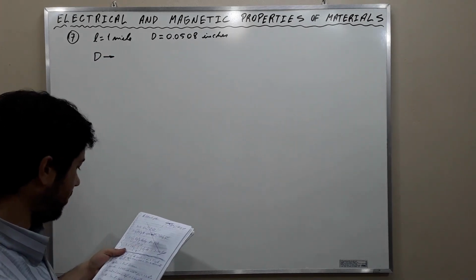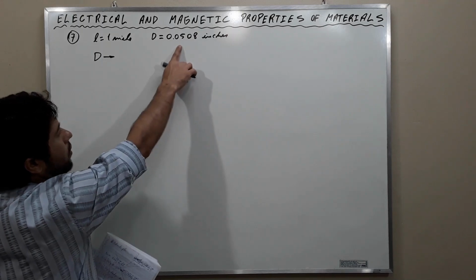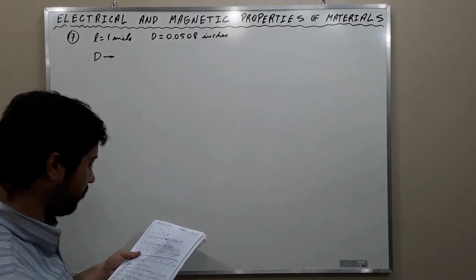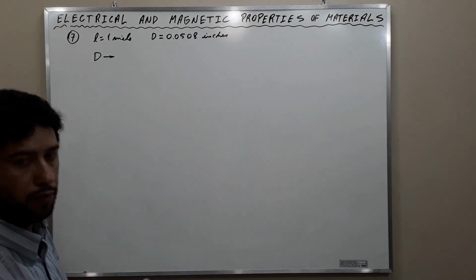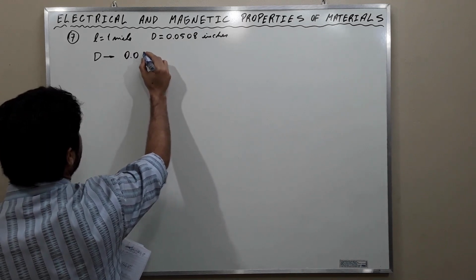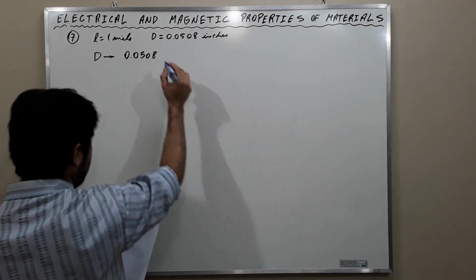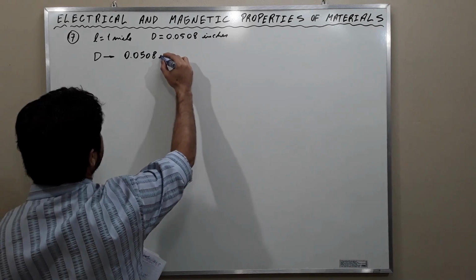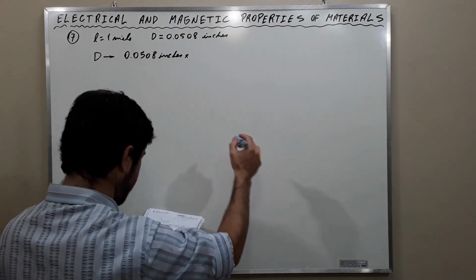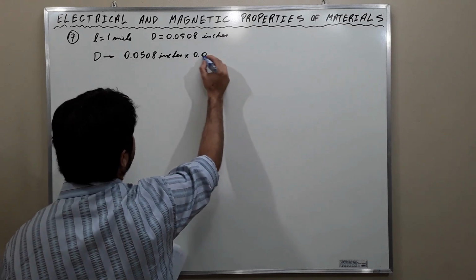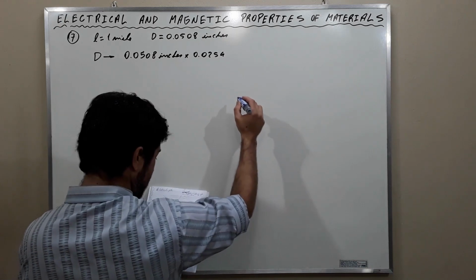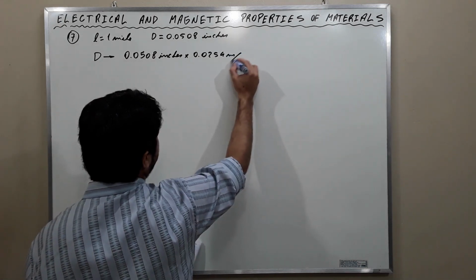It was given as 0.0508 inches. We are going to pass it to meters. 0.0508 inches times 0.0254 meters per inch.